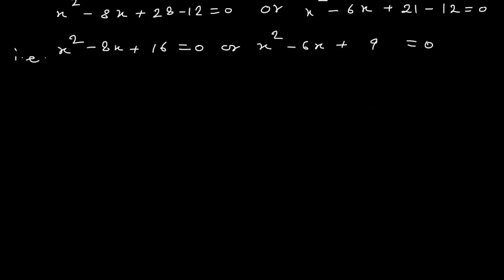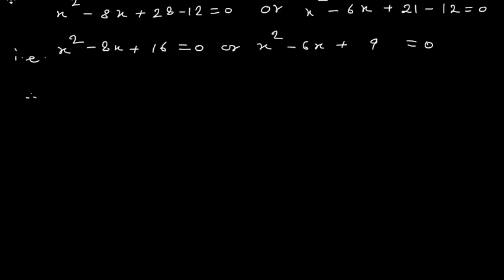Therefore we have x square minus 8x plus 16 is 0. Easily you can see that the roots are equal, which means you can write this in quadratic form, right?